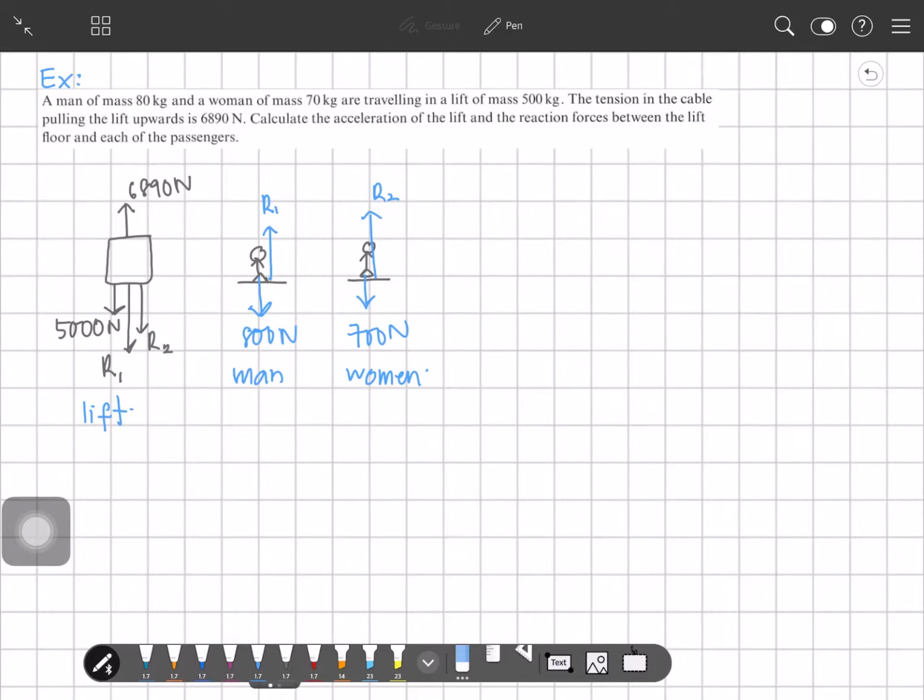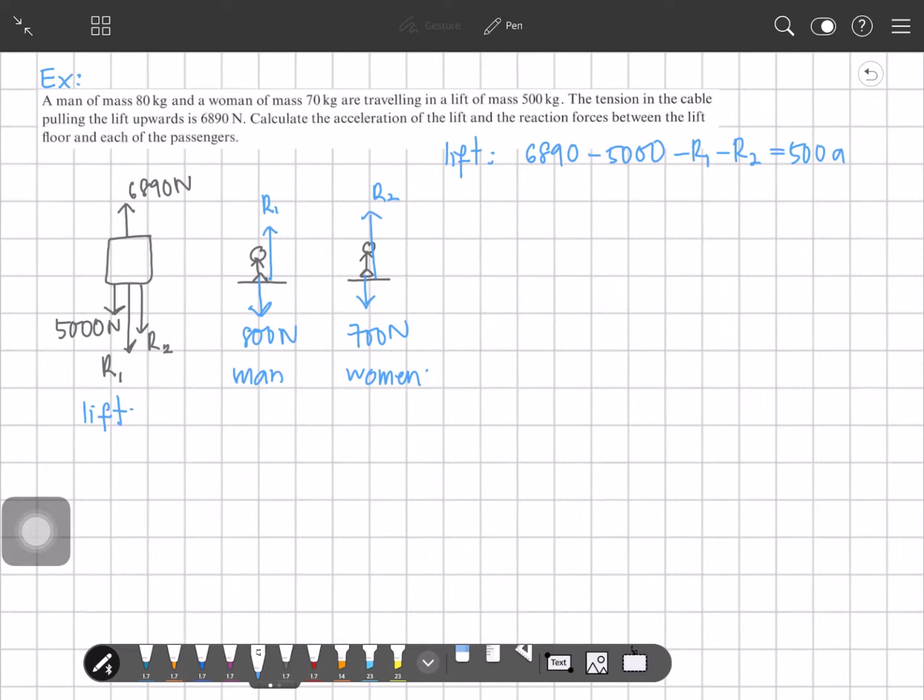In order to solve this problem, we need to resolve the forces separately. First we resolve the forces acting on the lift. Assuming upward force is positive, we have 6,890 minus 5,000 minus R1 minus R2 equal to the mass of the lift, 500, multiplied by acceleration.